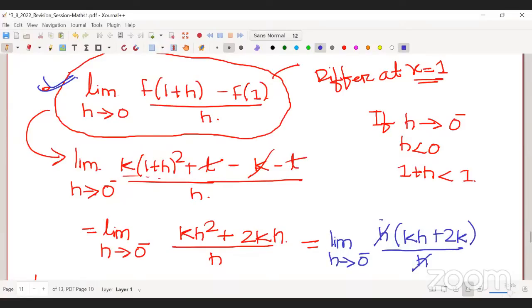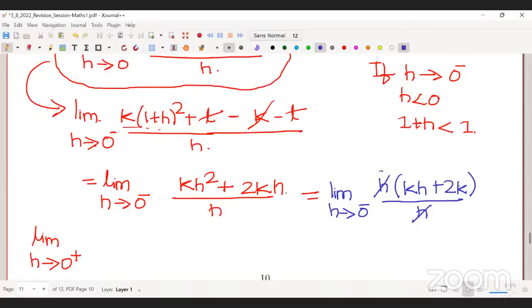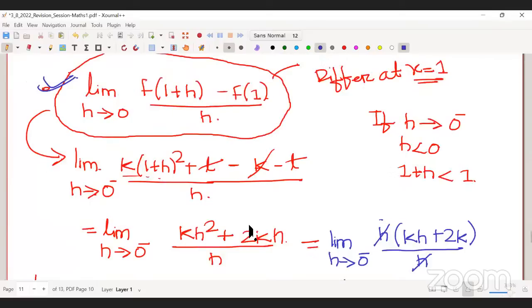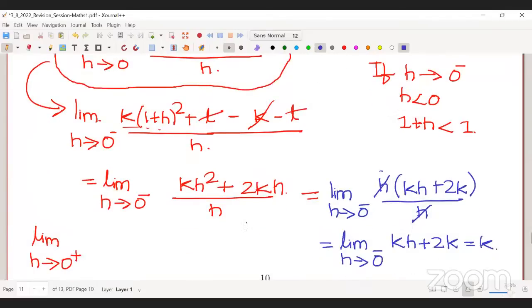I think she's confused between x equals 1 or h equals 0. Is it clear now? Yes, 2K, sir.